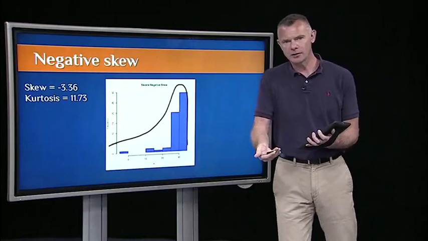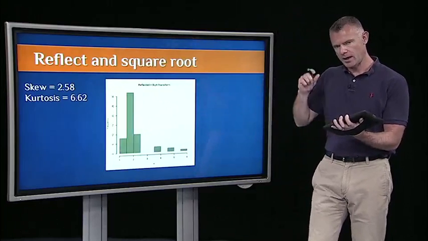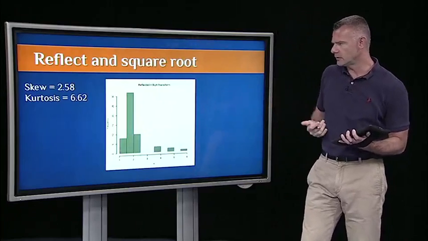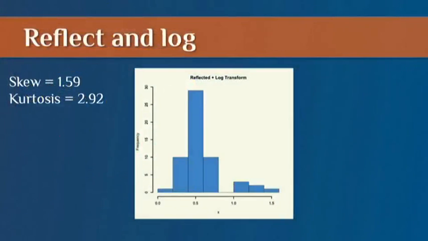So let me apply a transformation and see if that can help. I did the reflection and a square root transformation, and you'll see I got a skew value now below 3. If I do reflect and log, that does even better. That brings me down to a skew value of 1.59.